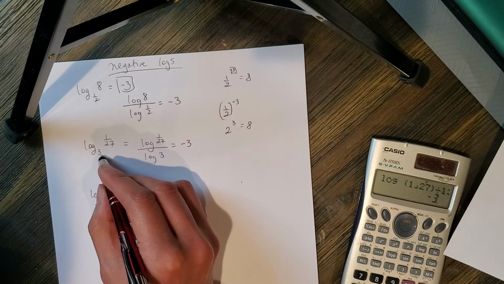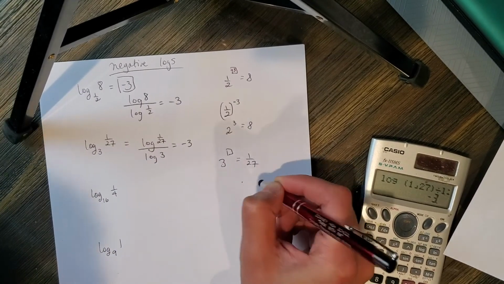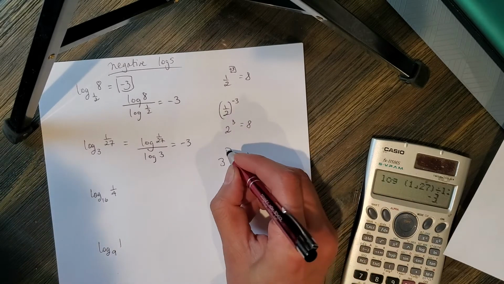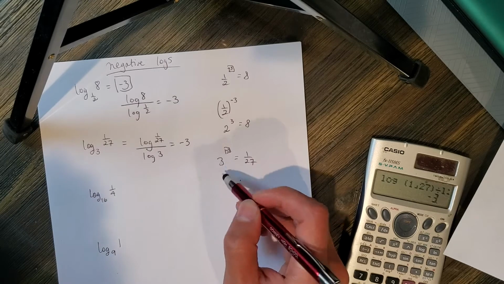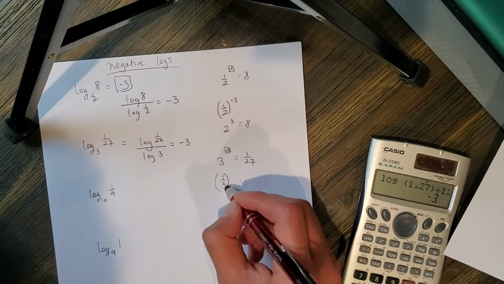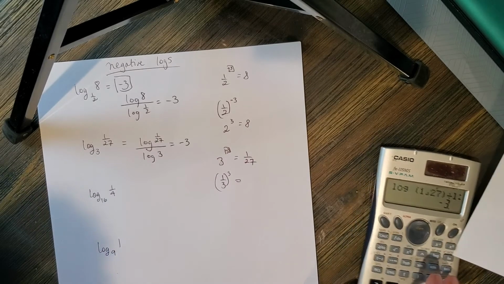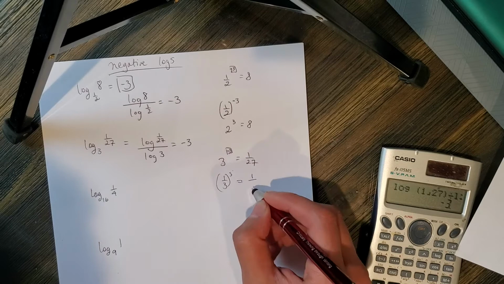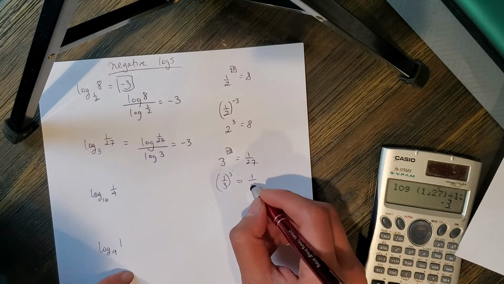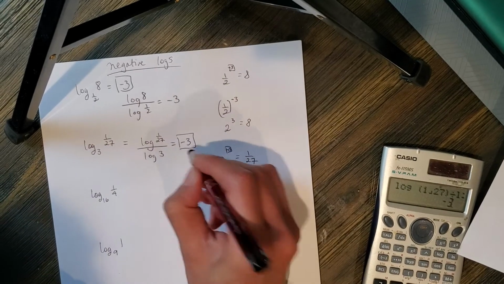So this is basically saying 3 to what power is 1 over 27. So if they're saying it's -3, that means the negative exponent means I need to take the reciprocal of this, so that's going to be 1/3 to the 3rd power. And if you do 1/3 times 1/3 times 1/3, or you can do 1 to the 3rd power, that's 1, and 3 to the 3rd power, that's 3 times 3 times 3, that's 27. Okay, so you see it works.